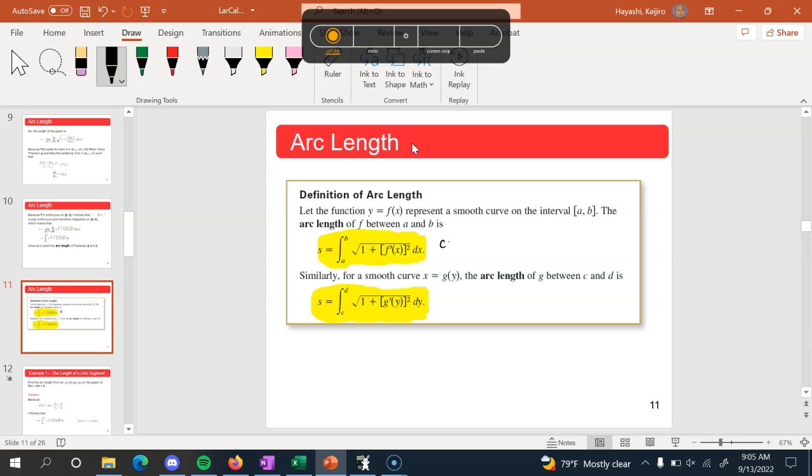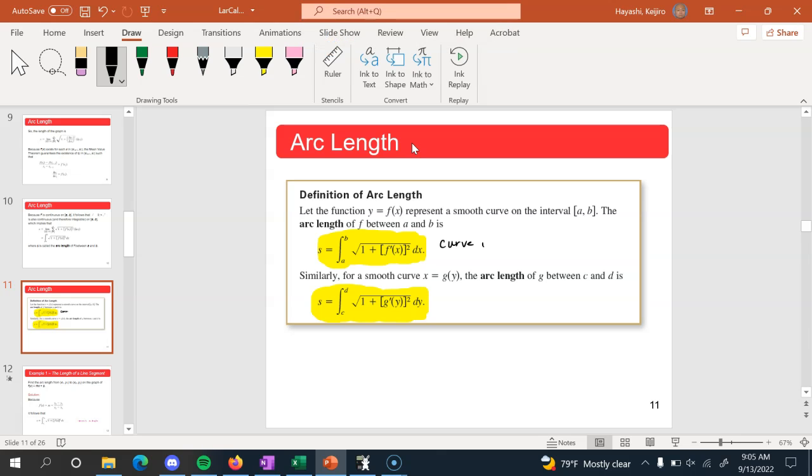So this is for if the curve is a function of x. And the second one is for if the curve is a function of y. A lot of curves can be written both ways.